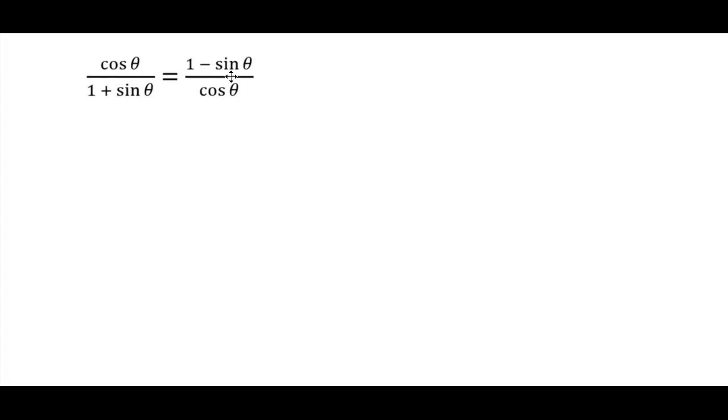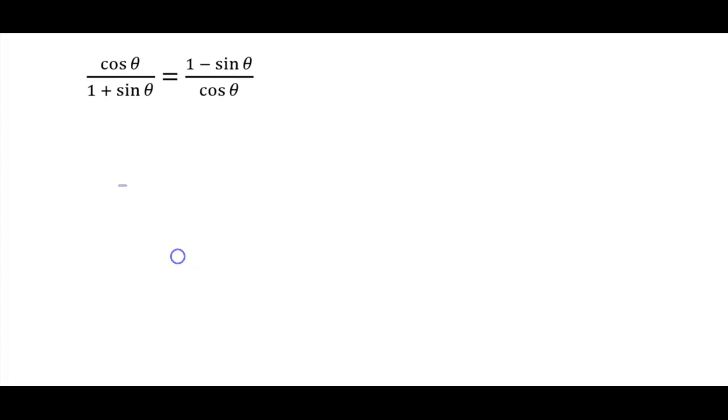Well, that's a decision you have to make. I'm going to say that the right-hand side is in a better form, more simple, because it only has one term in the denominator, but you could just as easily get the right-hand side to look like the left-hand side. I'm not going to do that, though. I'm going to work on the left-hand side.